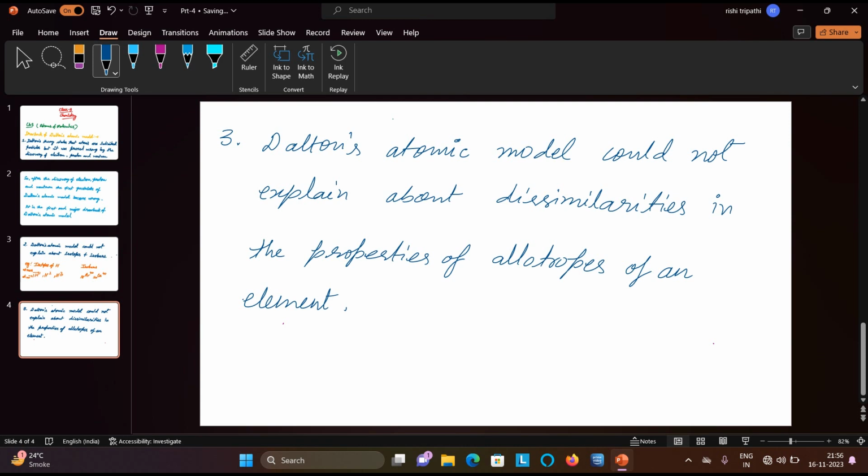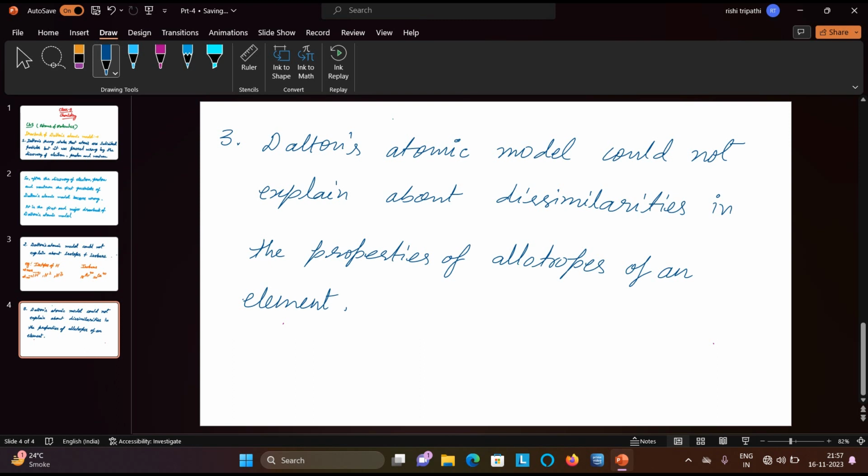Allotropes of carbon can be diamond, graphite, and Buckminsterfullerene. So you will find dissimilarities between these allotropes of carbon, and about this, Dalton's atomic model wasn't able to explain. That was the third drawback of Dalton's atomic model.